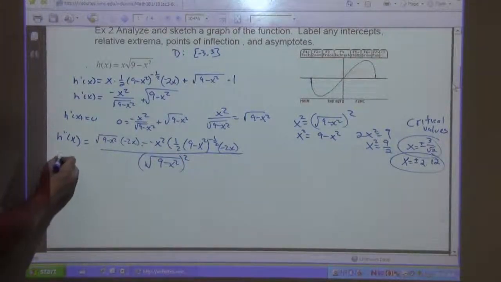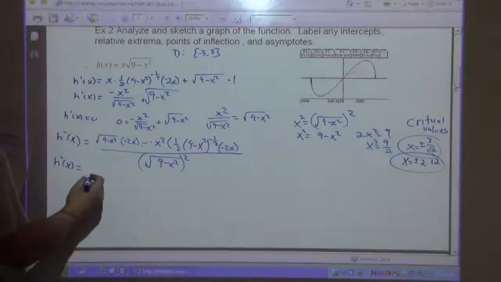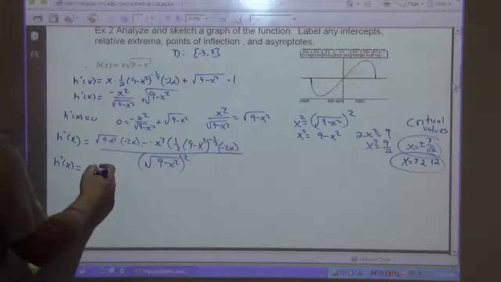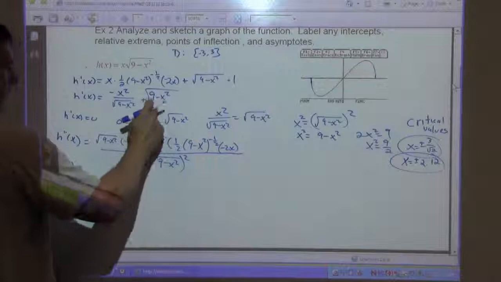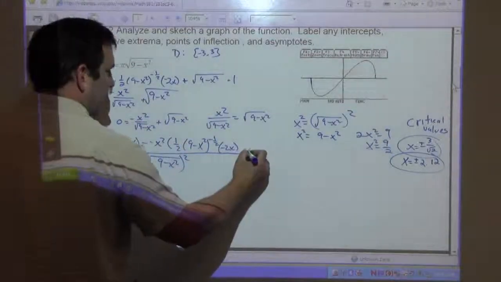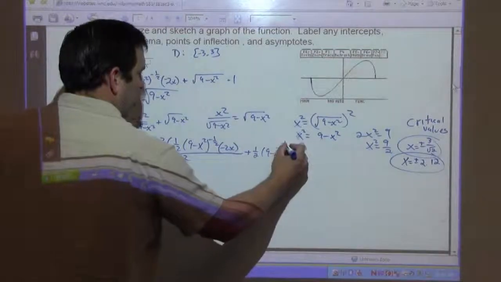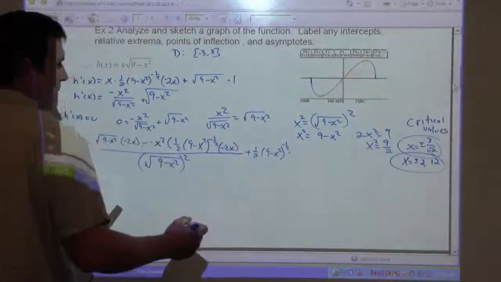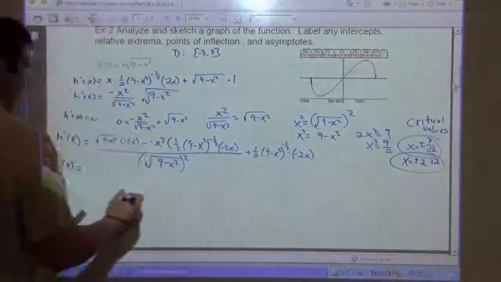Okay, so our h double prime of x is going to be, oh, I forgot this other part here. The derivative of that part. Plus 1/2 times 9 minus x squared to the negative 1/2 times negative 2x.